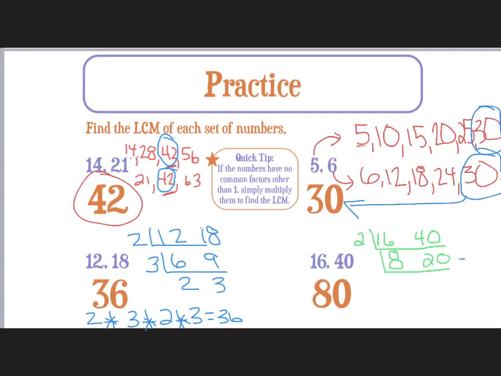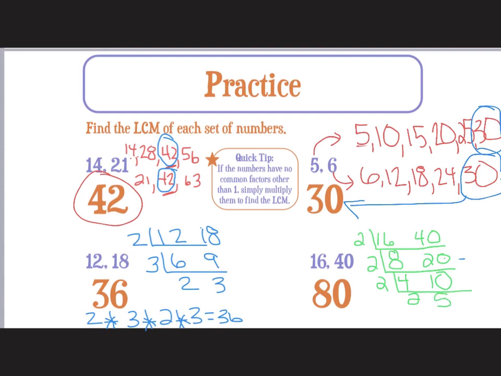Those aren't prime numbers. Let's do it one more time. 2 goes into both of those. 8 divided by 2 is 4. 20 divided by 2 is 10. Still not prime numbers, but 2 will go in there again. So 4 divided by 2 is 2. 10 divided by 2 is 5.